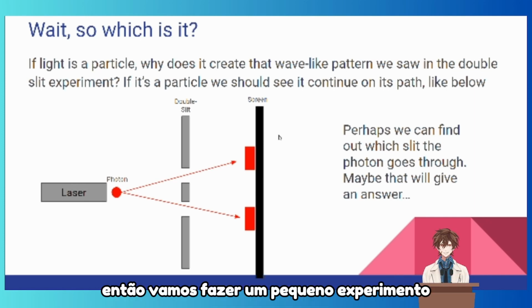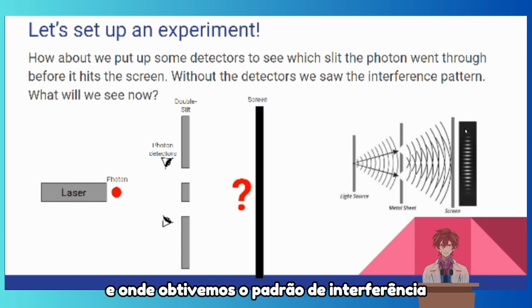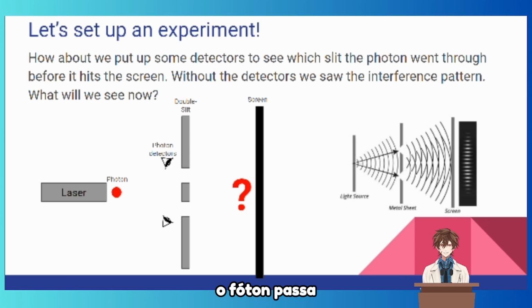So let's set up a little experiment. We do the same experiment we did before, where we shine the light at the two slits and got the interference pattern. But this time we have little photodetectors, these little things that basically check which slit the photon goes through, on each slit.